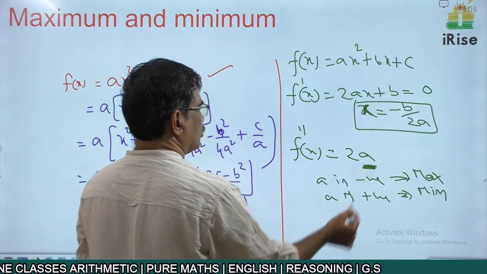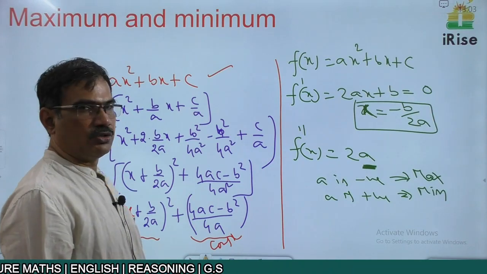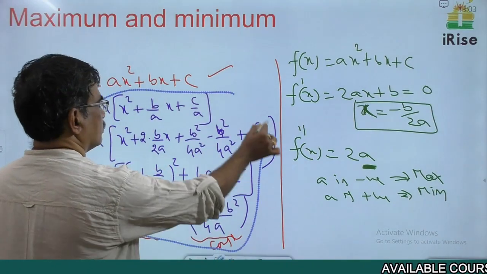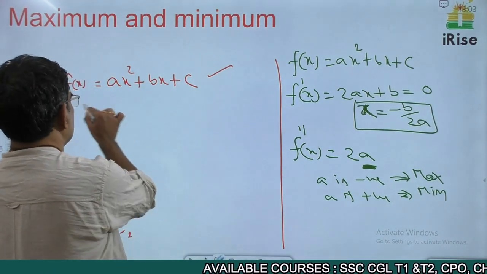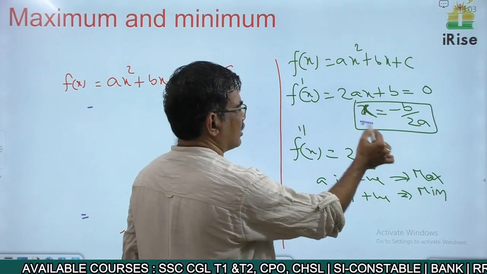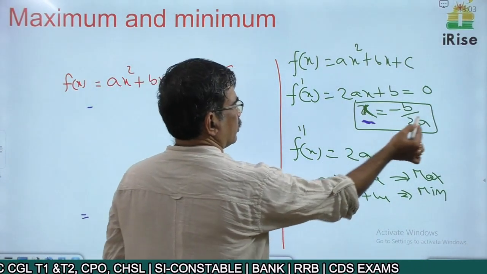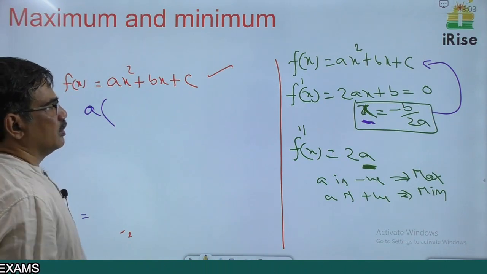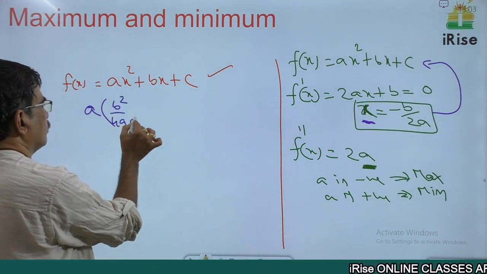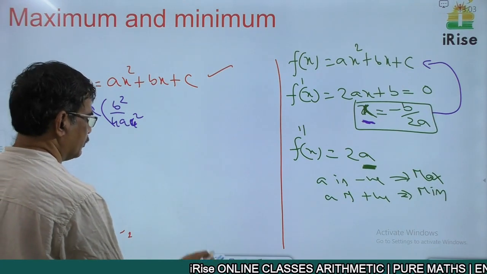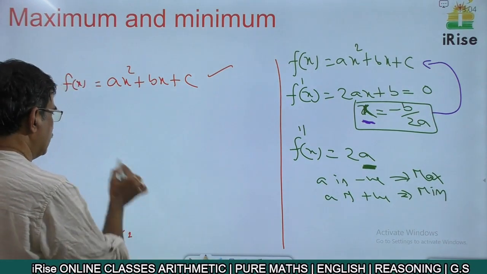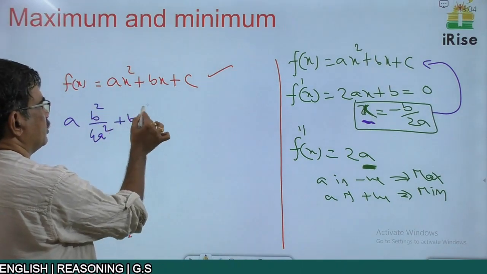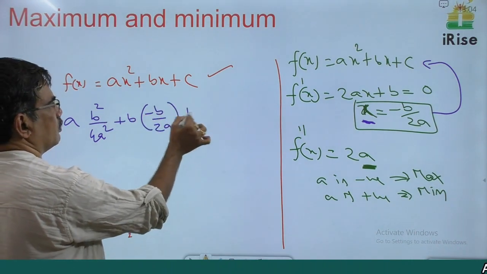Then what about the maximum or minimum value of the expression? Substitute this x value in the original function. Then what do we get? A into, in place of x write minus b by 2a, so b square by 4a square, plus b into minus b by 2a plus c.